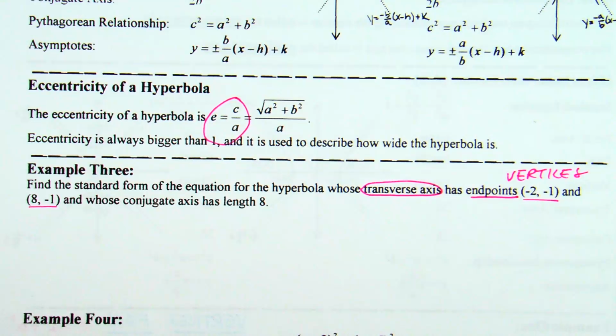Mallory's saying it's a left column problem because my y value stays the same. So it's (-2, -1) and (8, -1), which means k has to be the same, and so that does make it a left column problem.